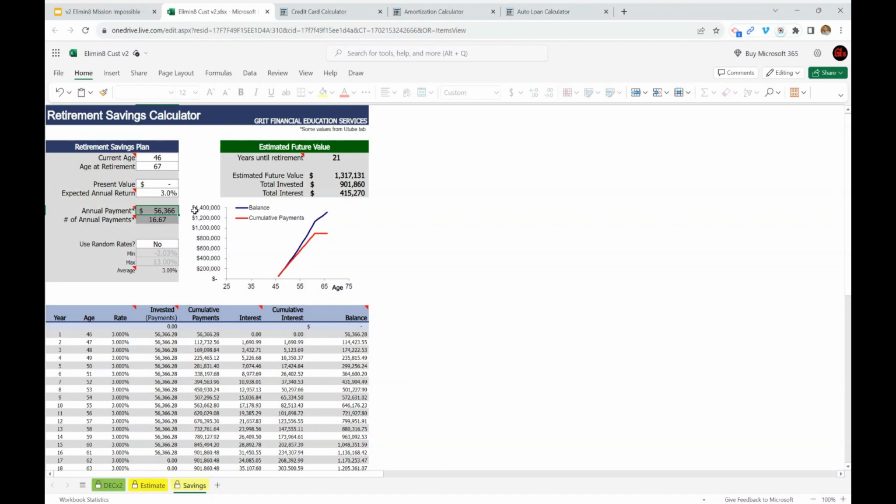So remember, you paid off your house in 13 years. Okay, so you have about 16.67 years left that you're not going to be paying a mortgage of $56,000 a year.